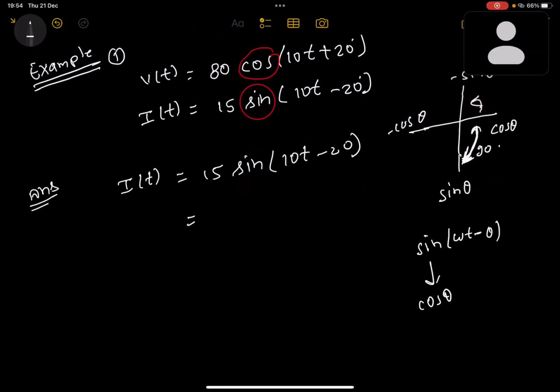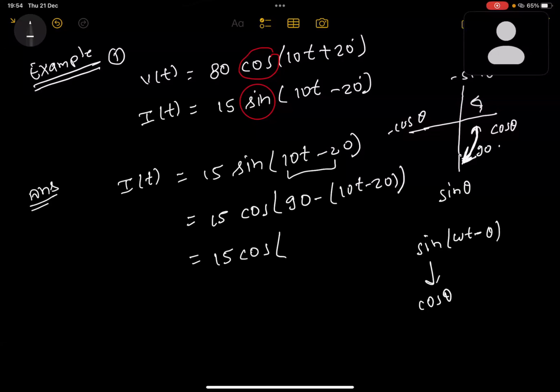So 15 sin(10t minus 20) will become 15 cos(10t minus 20 minus 90), which is 15 cos(10t minus 110).